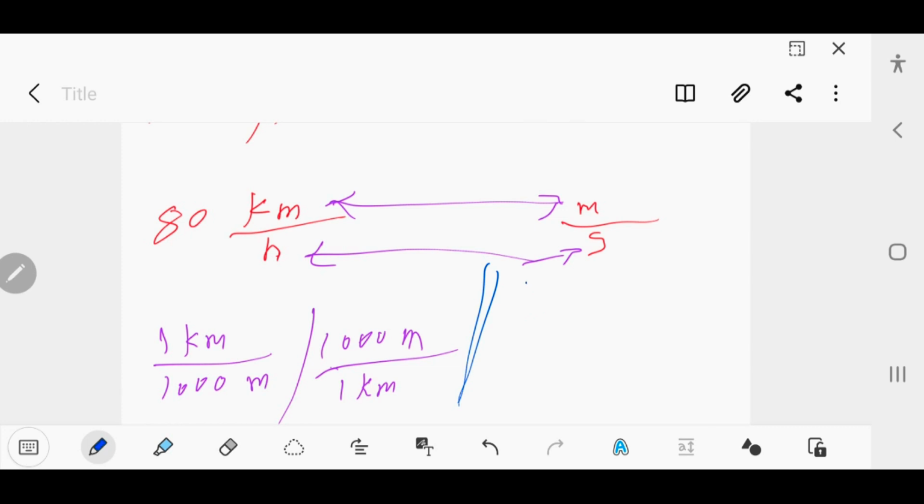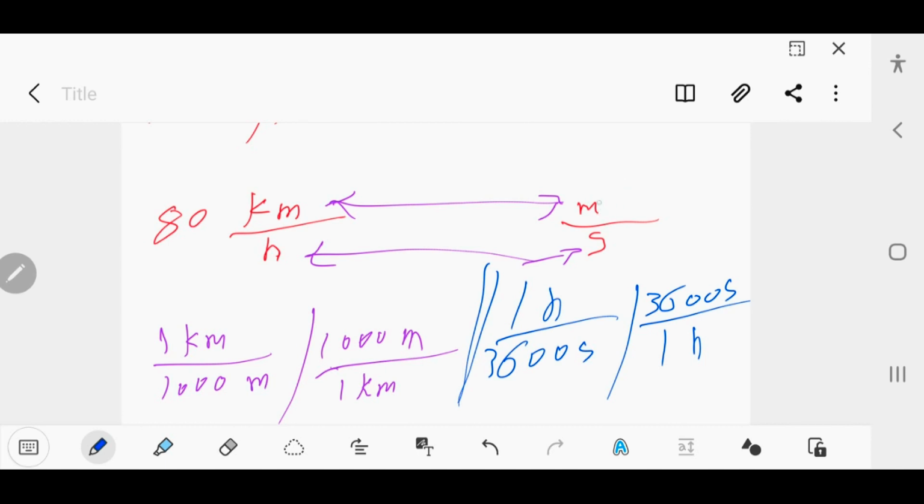We have 1 hour over 3,600 seconds, or 3,600 seconds over 1 hour. Now, what should we do?